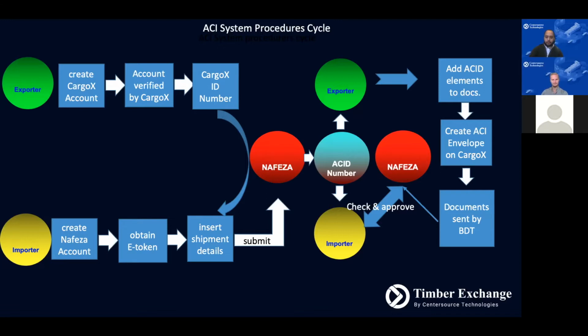The second step is the payment, with the bank verification, which means that you are required to go to the billing tab in CargoX and buy credits from your bank account, so your bank account is connected to your company. Those credits are used, for example, for the ACI filing.